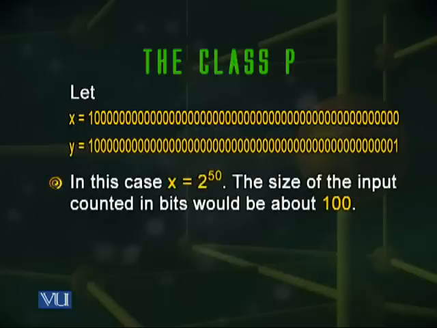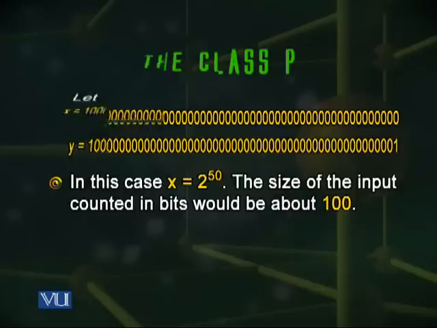So in this case, x is 2 to the 50. The size of the input, counted in bits, would be about 100 bits. So the size of the input is 100 bits, but x is 2 to the 50. So this loop will be executed about 2 to the 50 times, actually 2 to the 50 minus 2 times.